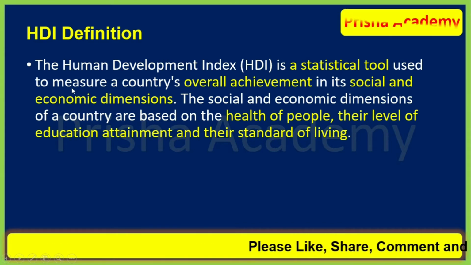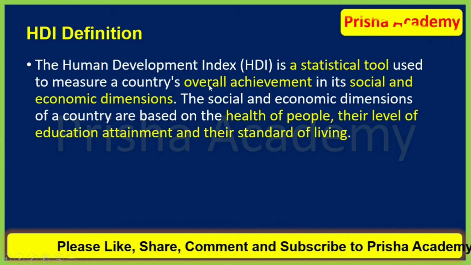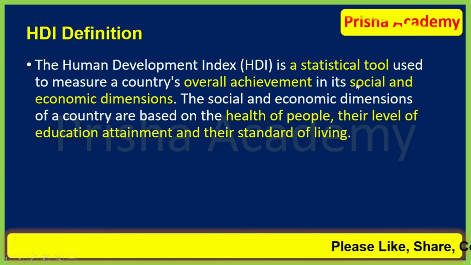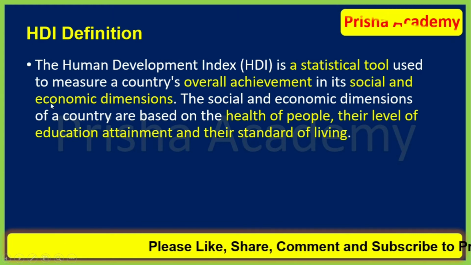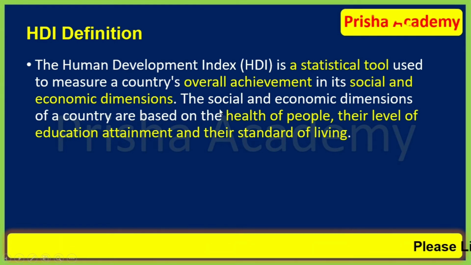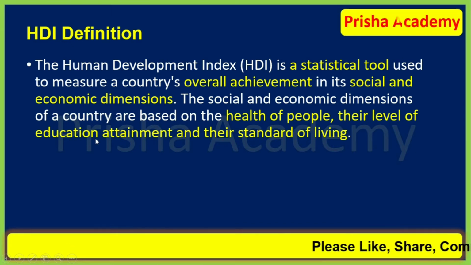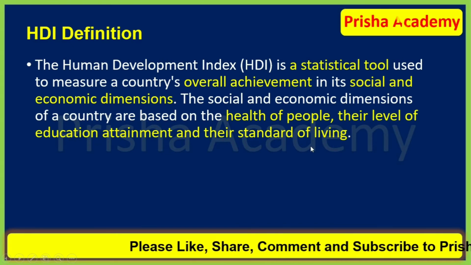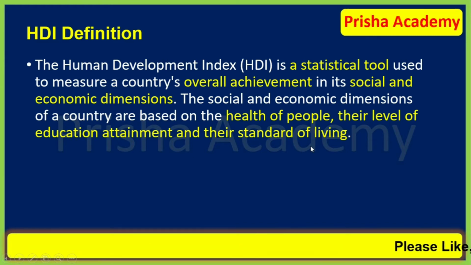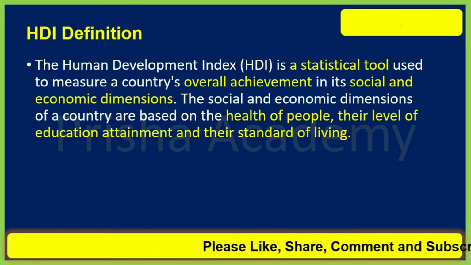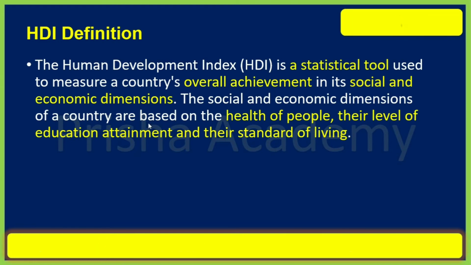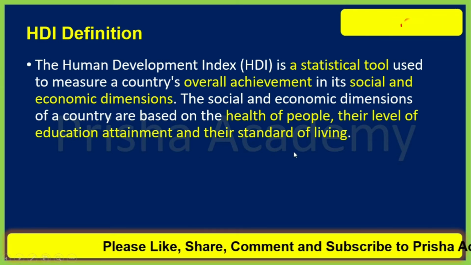GDP was completely focused on economic dimensions, whereas HDI focuses on both social as well as economic dimensions. The social and economic dimensions of a country are based on the health of people, their level of education attainment, and their standard of living. So these three things are considered in HDI: first is health of people, then their level of education and attainment, and their standard of living.